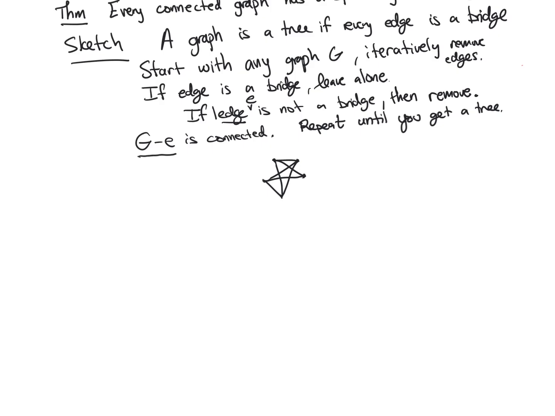Keep going, keep going, keep going. Now I have a cycle. Still every edge is not a bridge. But eventually I'm forced to get to the point where everything... Oh, let me put writing back. Okay. So eventually you get down to n minus 1 edges, and then you're forced to be a tree.